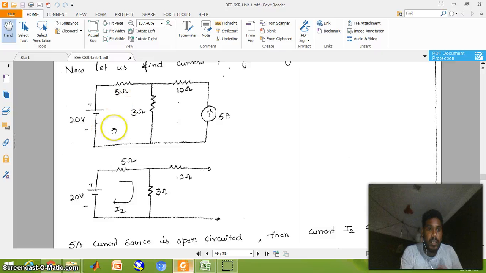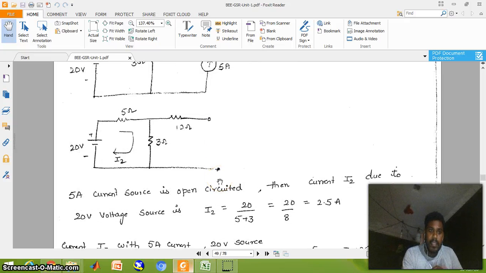So in case 1, the 20 volts voltage source is taken as the active source, and the 5 amps current source is taken as inactive and not operating. That is the reason the current source is taken as an open circuit.